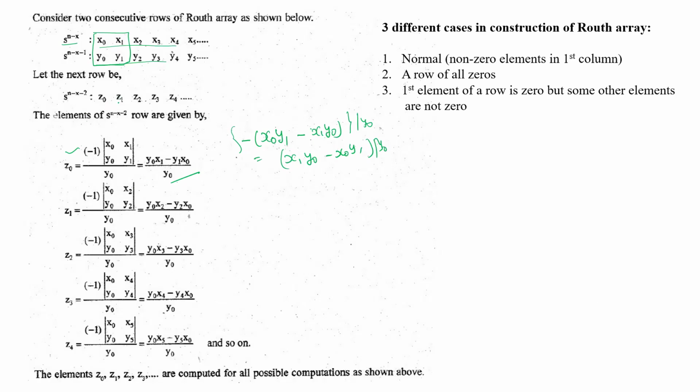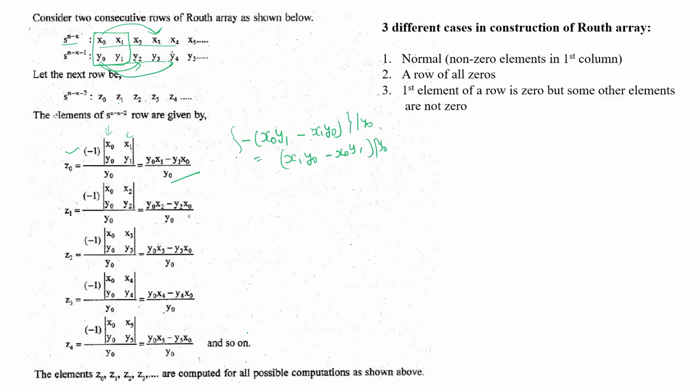For z1 we consider this column along with this one; the first column is common. For z2, this along with this. For z3 we use this combination. Using the determinant concept, the first column x0, y0 is common everywhere. For z0 we have x1, y1; for z1, x2, y2, and successively it changes till the last position.